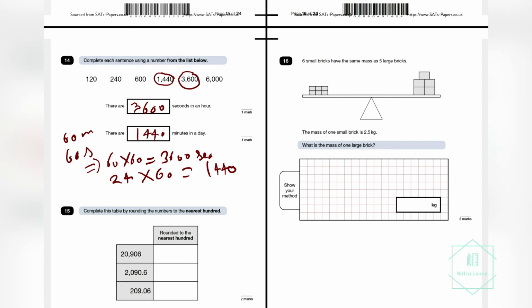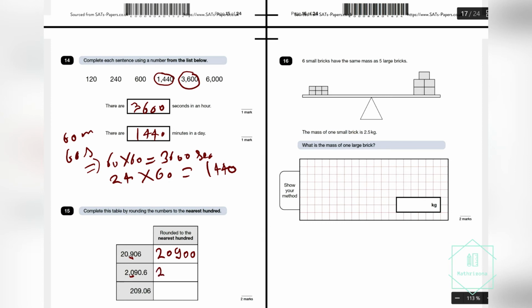Next question. Complete this table by rounding the numbers to the nearest 100. So for the nearest 100, we look at the 100 place here and see the next number is 0, which is less than 5. So the nearest rounded 100 value will be 20900. Again here, the 100 place is 0 and the next value is 9, which is greater than 5.